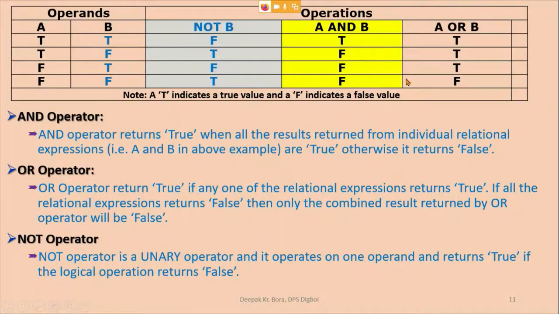The OR is just the opposite: if both A and B are false, then the output is false, whereas in other cases it is true. Means if any one of the expressions A or B is true, then the output will be true. Is this clear to you?